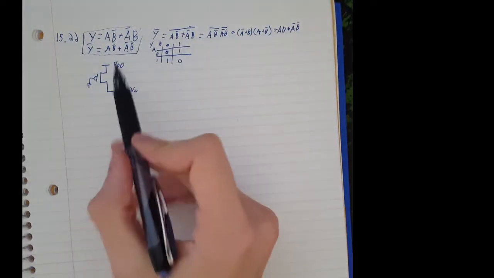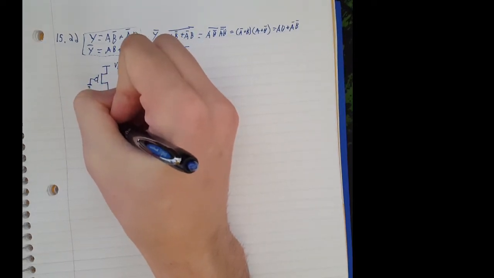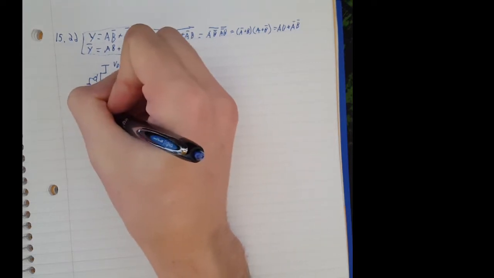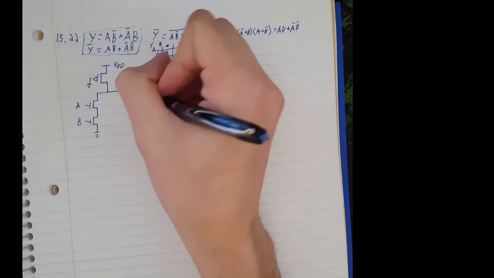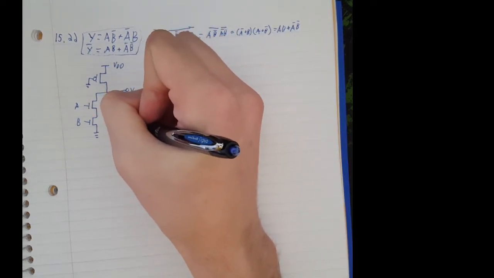So our pull-down network, we're going to have an A, we're going to have a B, and then we're going to have another branch.